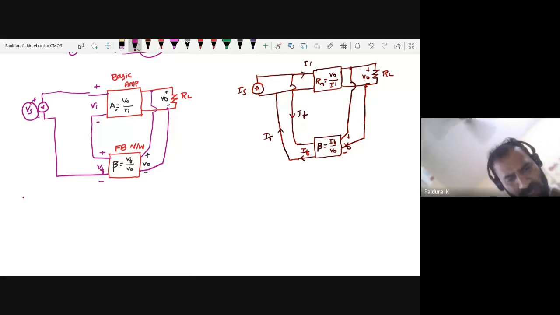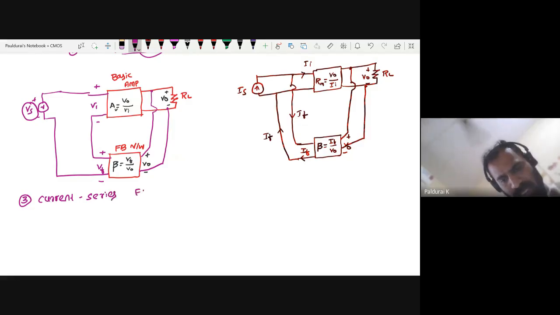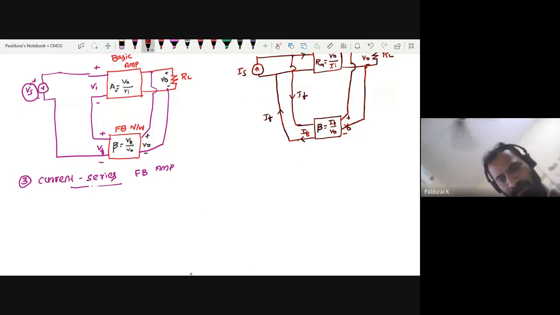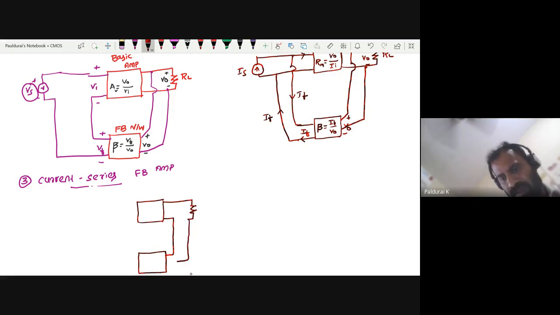Now coming to the third one, this time current sampling, series mixing. So current series feedback amplifier. My basic amplifier, roughly I'm sketching. This time current series. The output is current, this is my current, RL is my Iout.